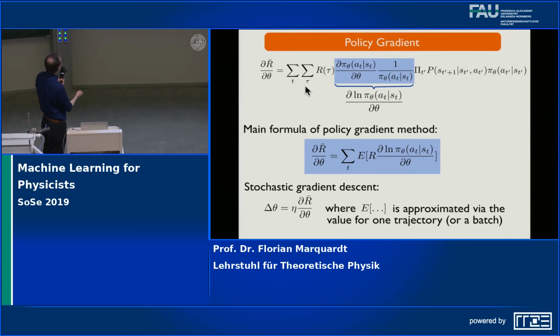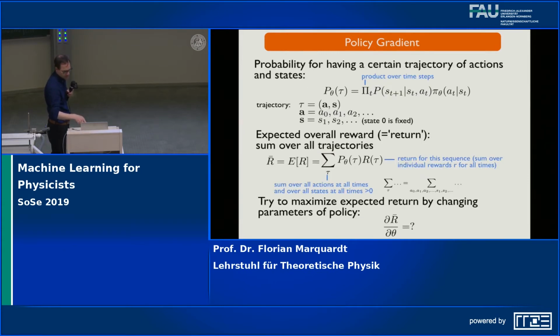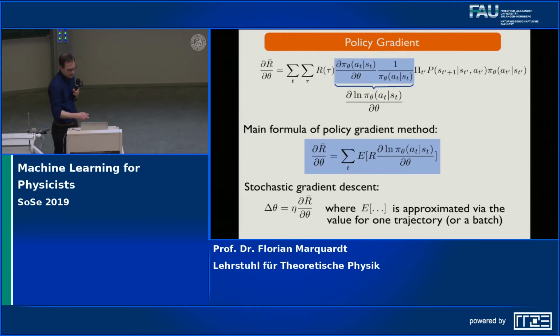Well, so now I literally just took the expression that I had on the previous slide. Maybe I should remind you. There's a sum over all trajectories. For each trajectory, there's this product over all times of these probabilities. And then there's also the return for this particular trajectory.